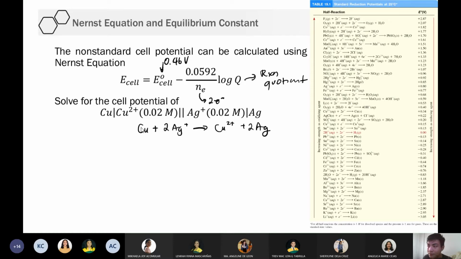Ayan. So, yung mga solids, for example, itong silver, itong copper, hindi mo siya isusulat sa Q. Because again, Q is same as the K. Parehas lang siya ng way of writing. Ibig sabihin, yung mga solids, hindi mo siya isusulat doon. Okay? Yung ions, yung mga aqueous, yan, sulat mo yan. What if may gas po dyan? If may gas yan, isama mo na rin. Okay?